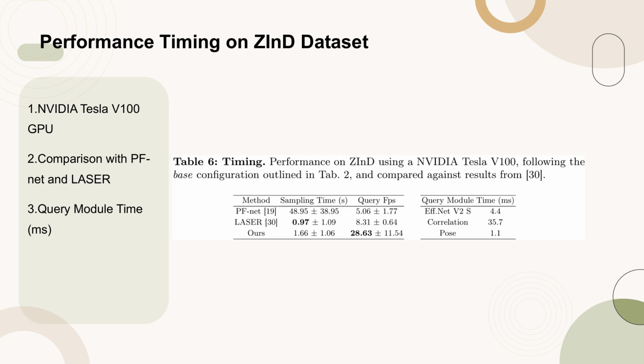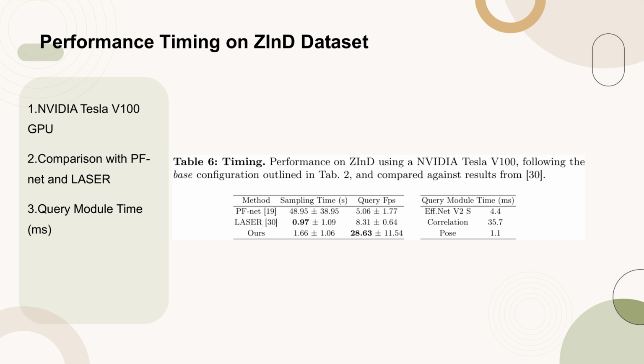Table 6 presents the timing performance of our method on the Z&D dataset using a NVIDIA Tesla V100 GPU. The table compares our method against PFNet and Laser, highlighting the significant reduction in query time.